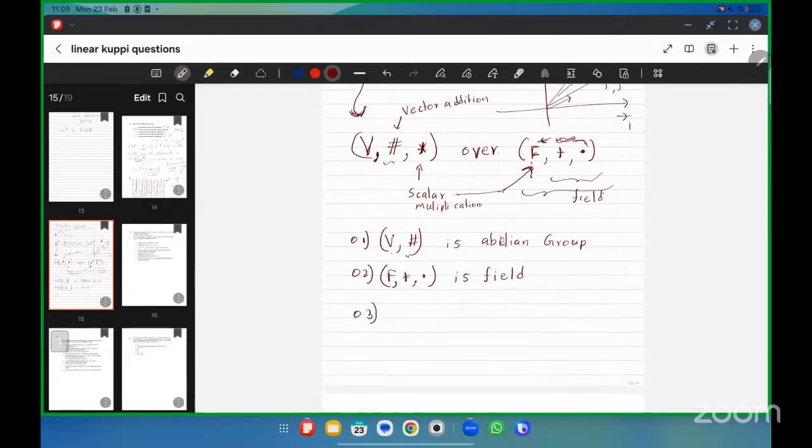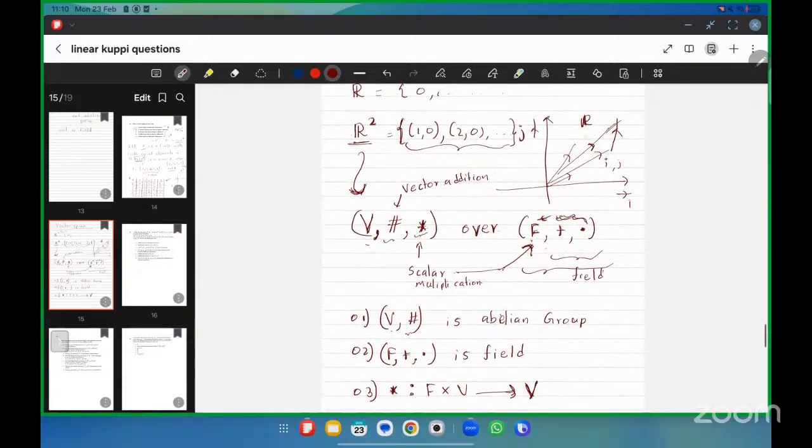And the third thing is we are now going to define star, the scalar multiplication. In the scalar multiplication, one input is from F, from the field, and the other input is from V, and we are getting a vector in V as the final output.